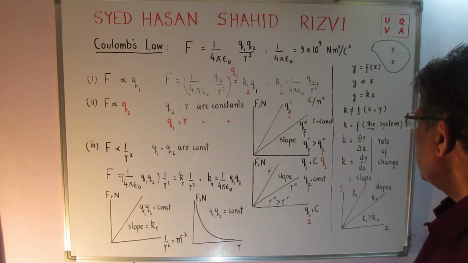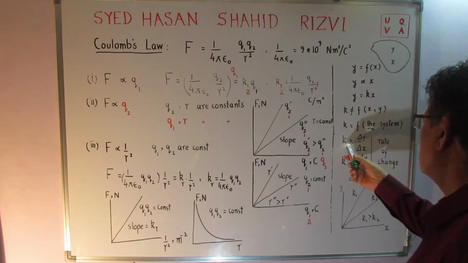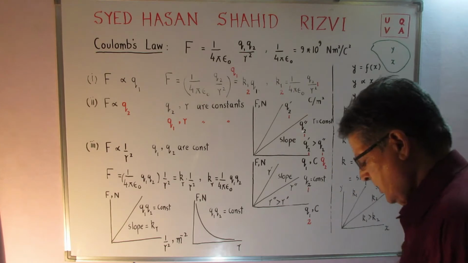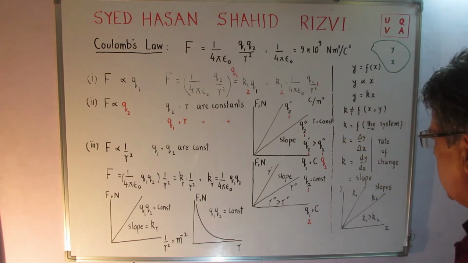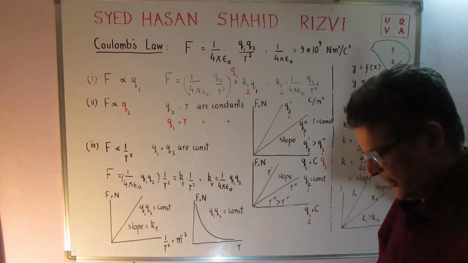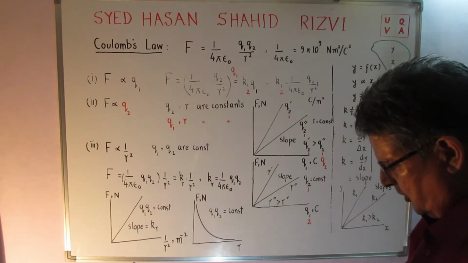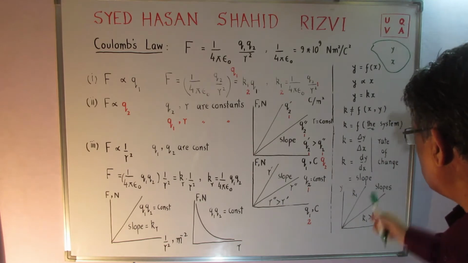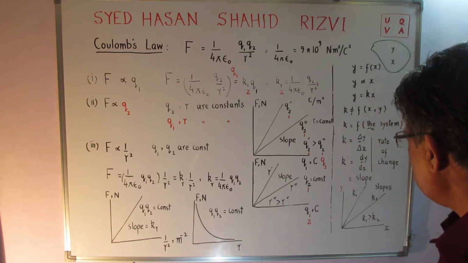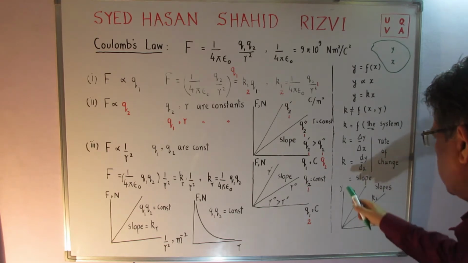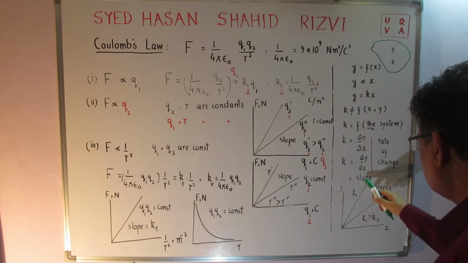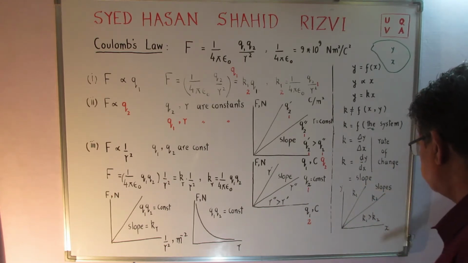When I worked it out, I found that k is equal to delta y upon delta x, or k is equal to dy over dx when delta x tends to 0, is very small. I related it with the rate of change of y with respect to x. And when I plotted y proportional to x, I got a straight line.